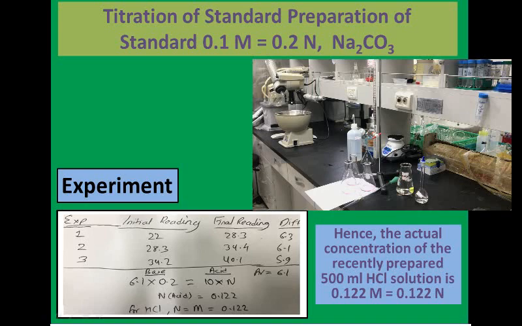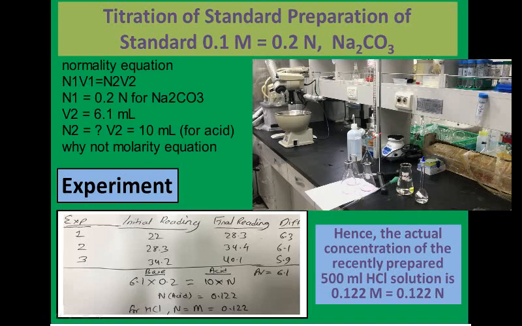We'll repeat this experiment 3 times and find out the average volume of base required to neutralize 10 ml of dilute hydrochloric acid. Then from the normality equation we will find the concentration of hydrochloric acid.